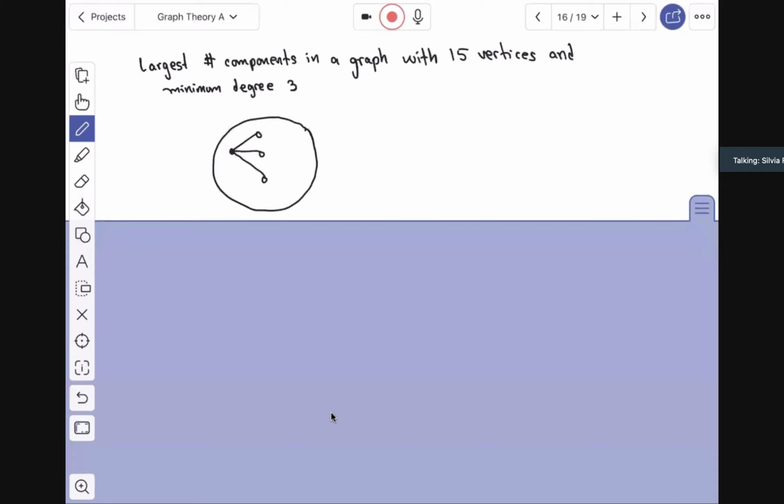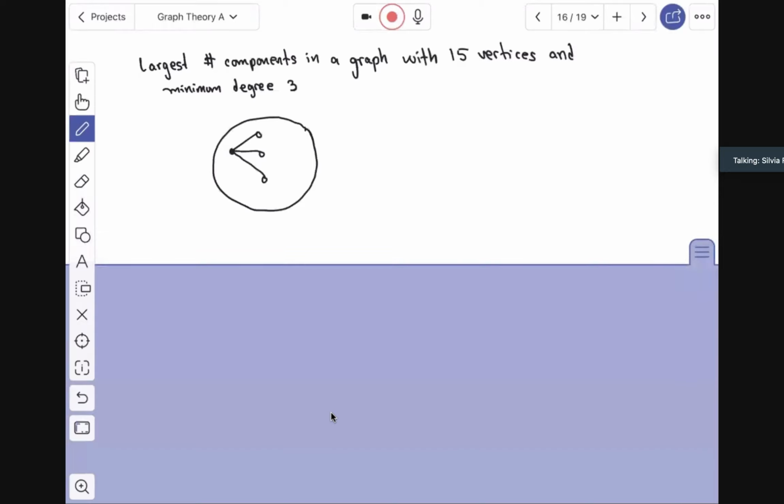And so once two vertices are connected by an edge, they're in the same component. Right? There's like an equivalence relation. If they're connected directly or through other vertices, then they're in the same component. So all of those need to be in the same component. This means that each connected component has at least 4 vertices, right? Because once a vertex is there, its 3 or more neighbors are also there.